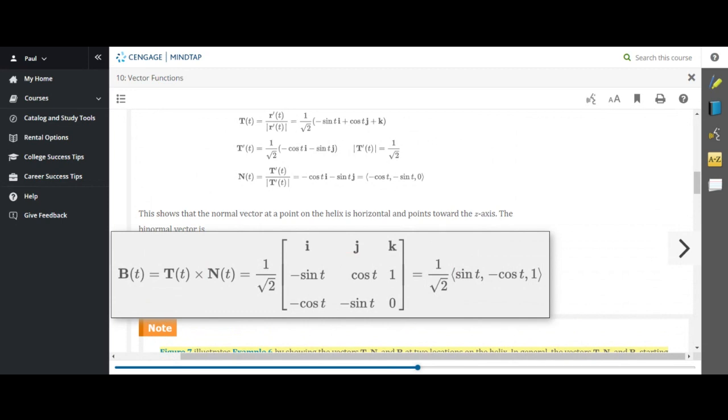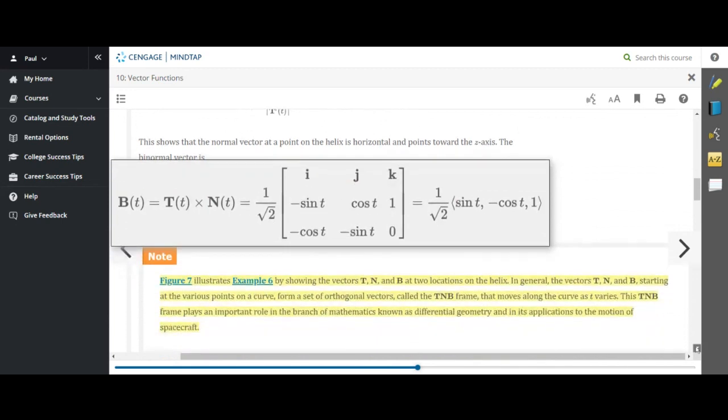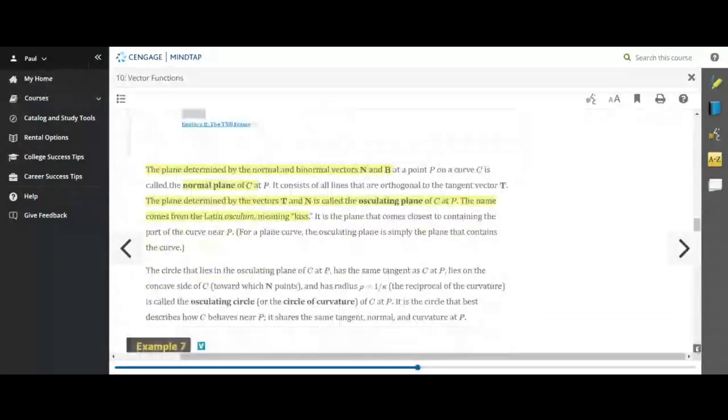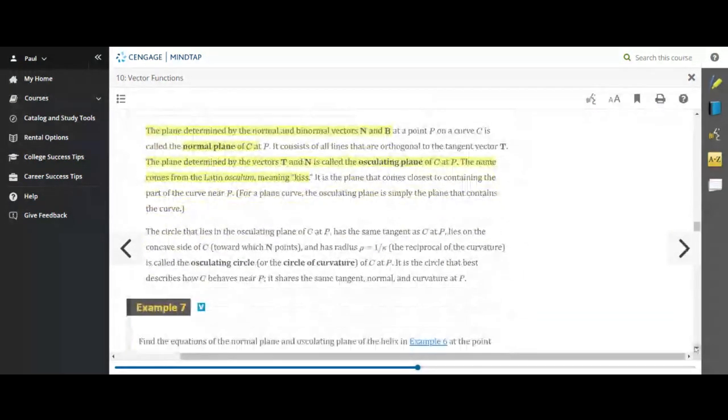But of course, what's also important is planes. So you learned a lot about planes, and finding equations of planes and lines and so forth is important.